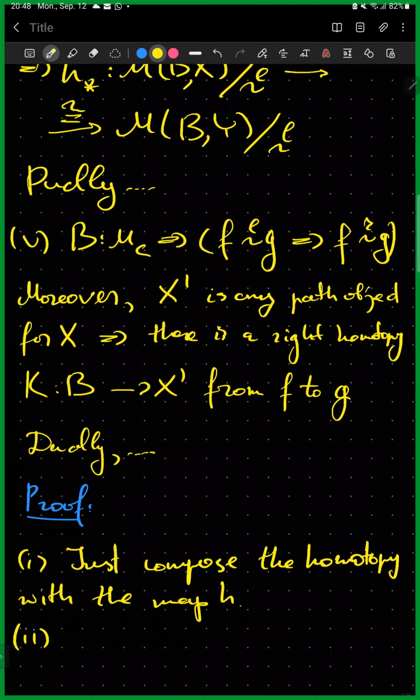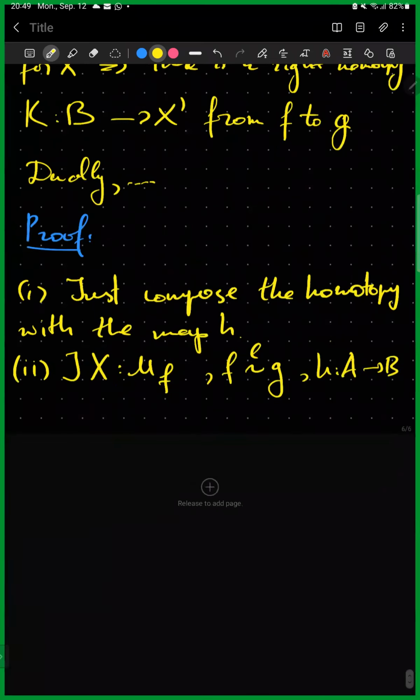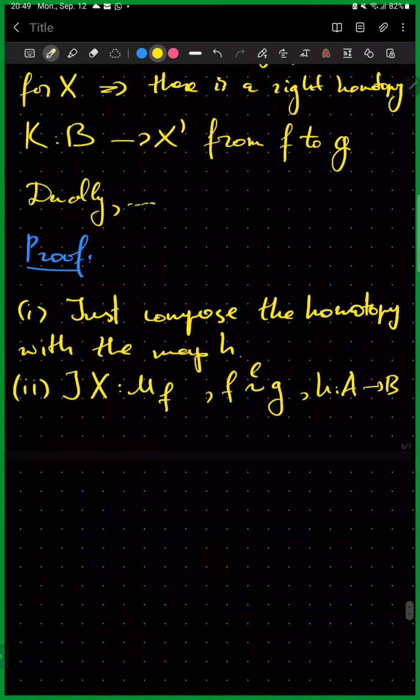Assume that X is a fibrant object, F is left homotopic to G, and H goes from A to B. We want to prove that FH is left homotopic to GH.